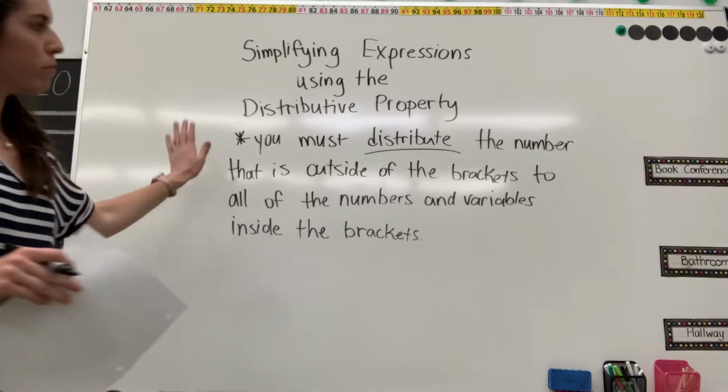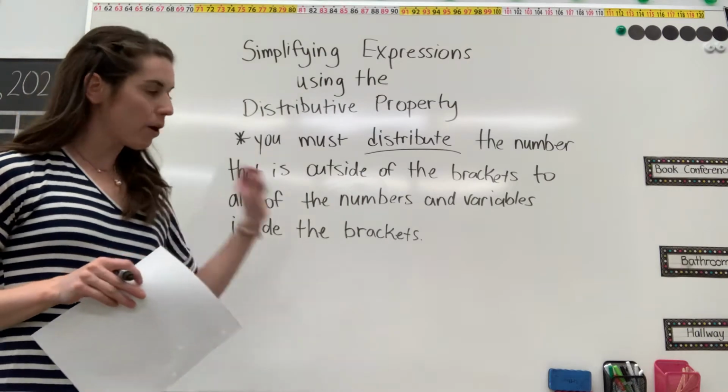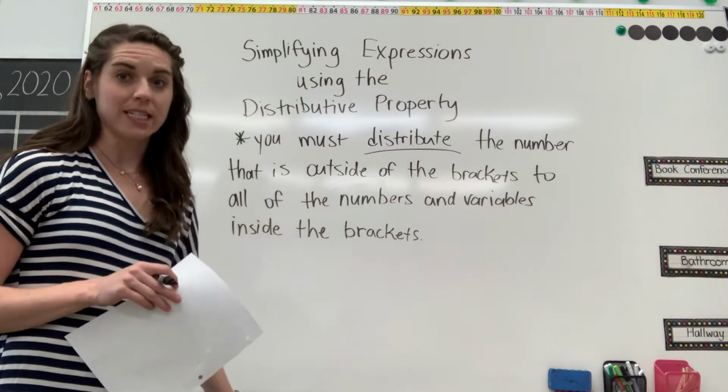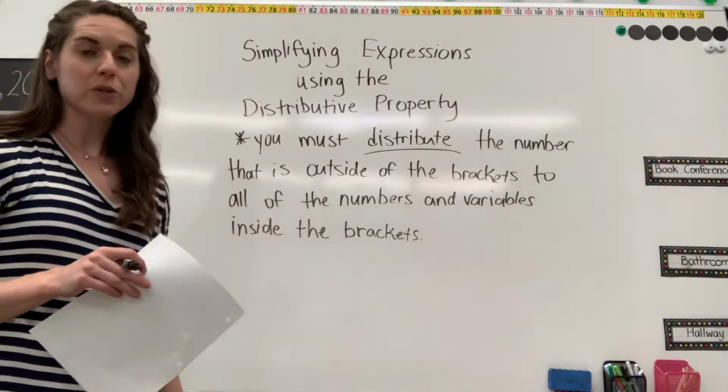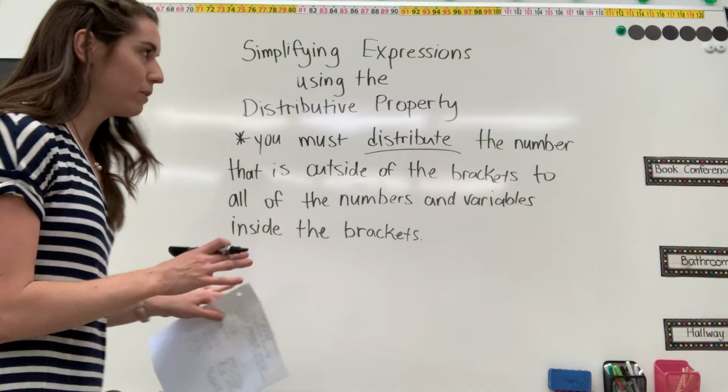Okay, so you must distribute the number that is outside of the brackets to all of the numbers and the variables that are inside of the brackets. So let's do an example for what that means. It's actually quite straightforward once you see it.